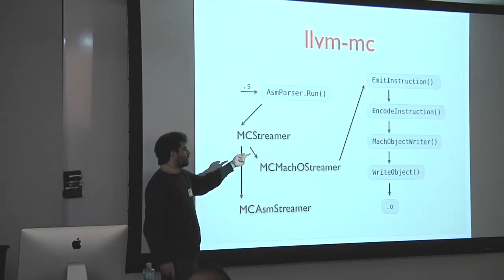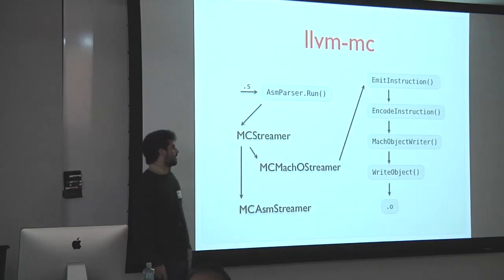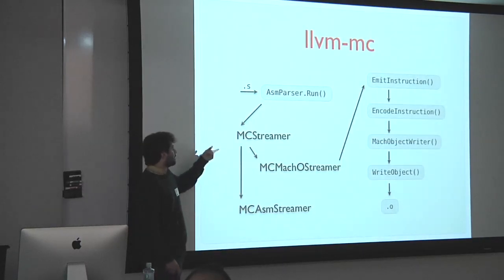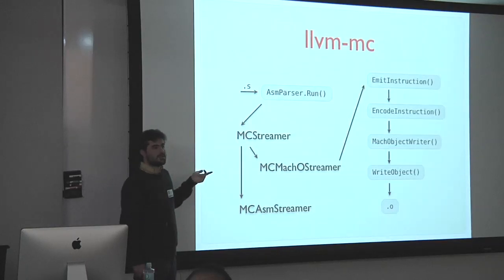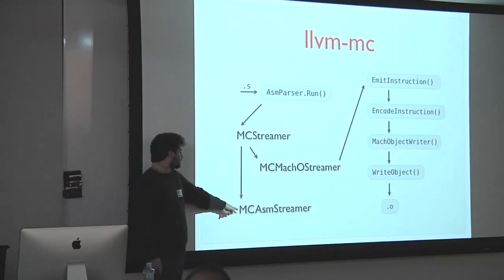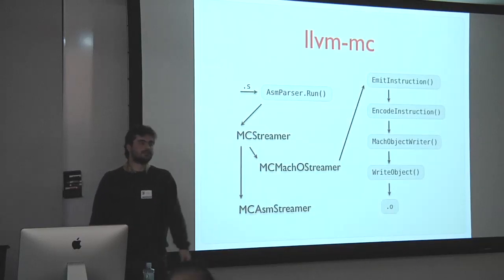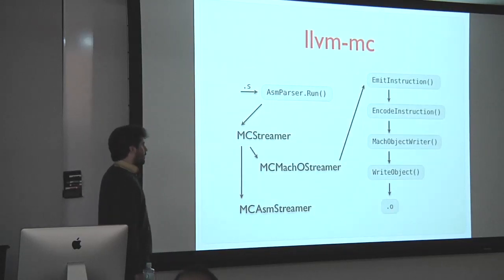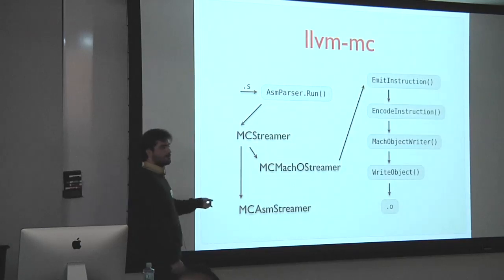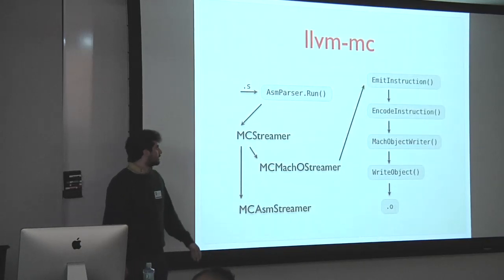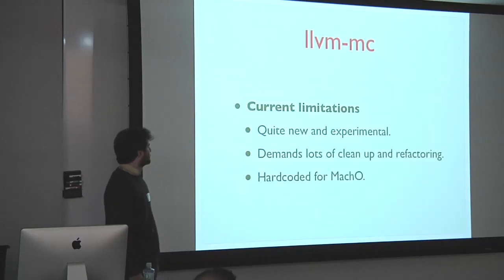Then we call the Mach-O object writer to finally write into the file through the write object. If instead we want to output the .s again, we use the MCWriter, which will just dump into the right dialect we want. As I showed before, you can input AT&T and output Intel syntax.